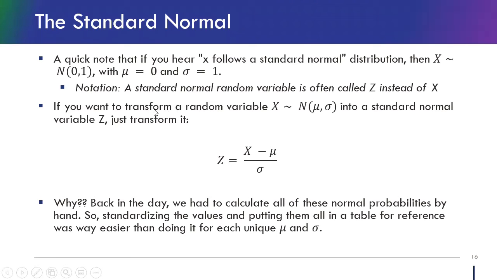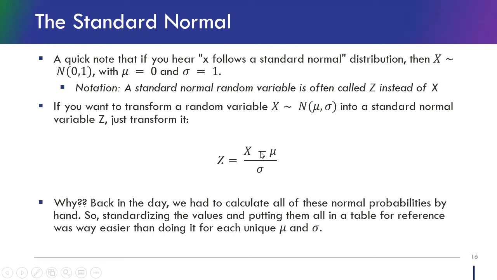And if you want to standardize a random variable X, which follows a normal with mean mu and standard deviation sigma, into a standard normal variable Z, then you just do X minus the mean and divide it by the standard deviation. This is what we call a standardization step.